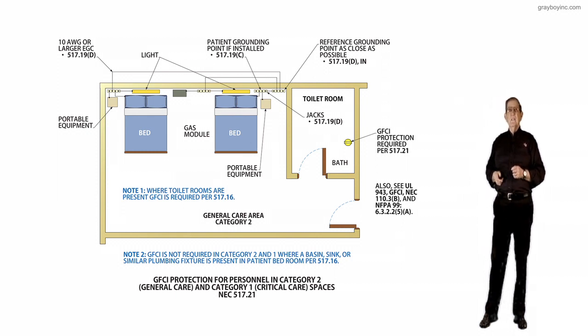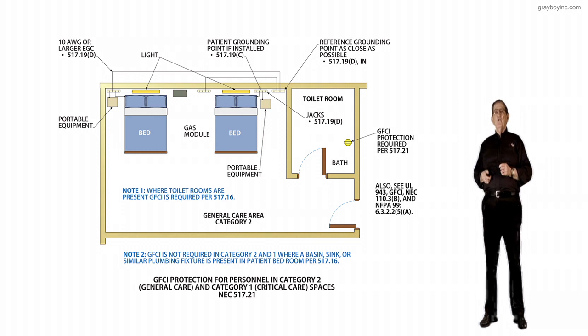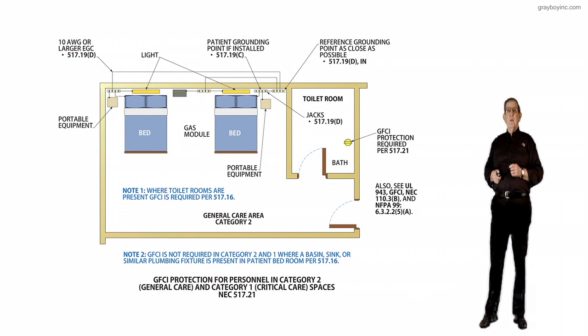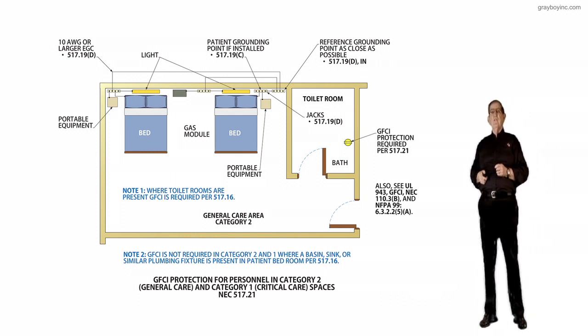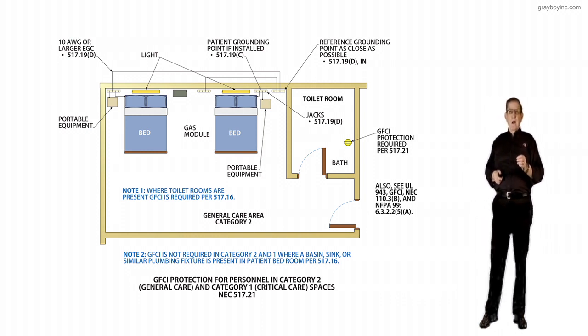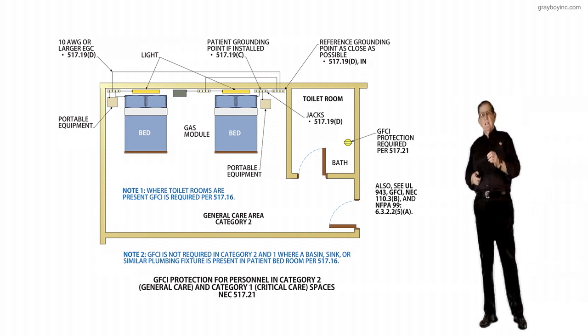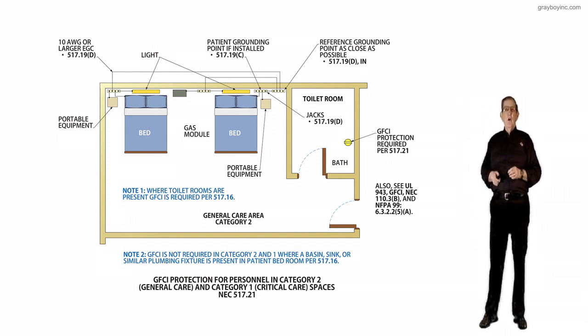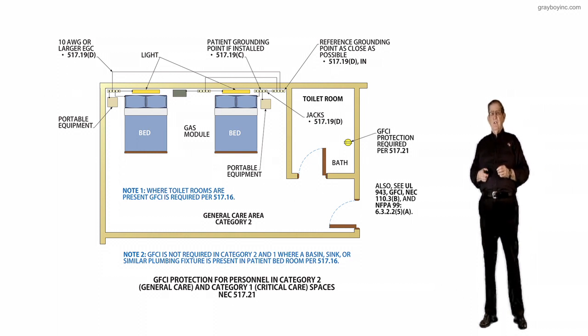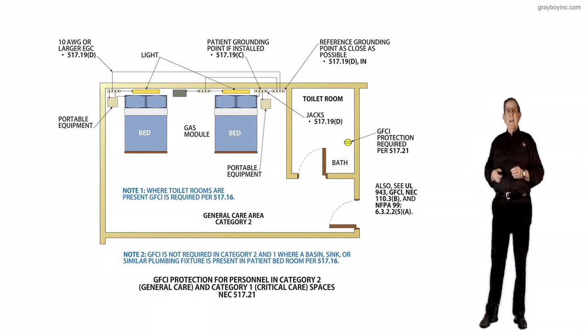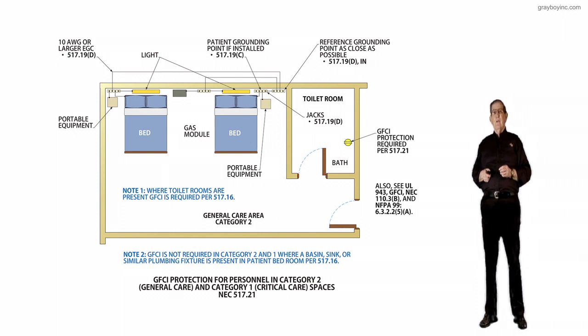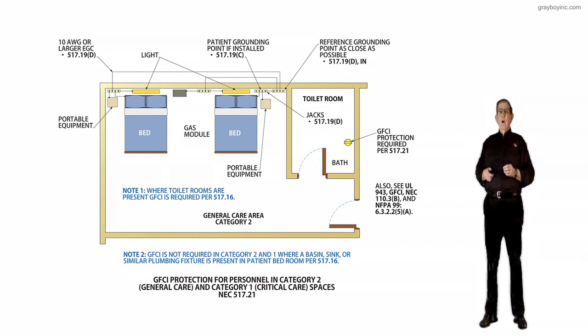Now next, let's take a look at the notes. And note 1 says where toilet rooms are present, GFCI protection is indeed required as outlined in 517.16. Note 2 again talks about GFCI. And it says GFCI is not required in category 2 and 1 where a basin, sink, or similar plumbing fixture is present in the bedroom, right?